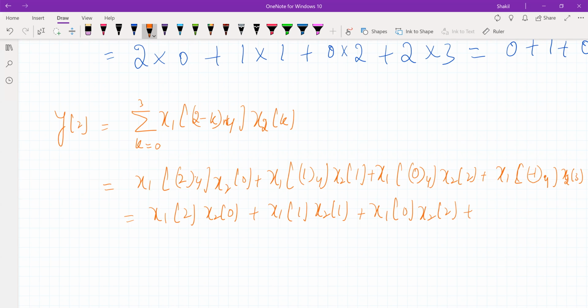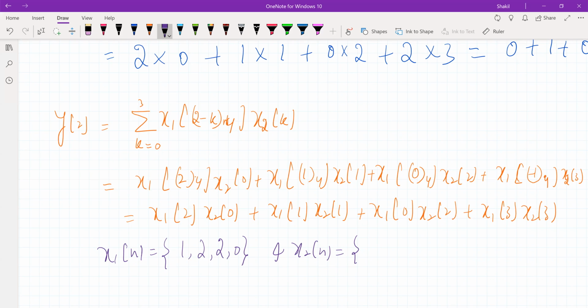What we do here, when the argument is negative, we add 4 to it, so it will be 4 minus 1, that is x1 of 3. Right? So let me copy the values: x1 of n are 1, 2, 2, 0, and x2 of n are 0, 1, 2, and 3.